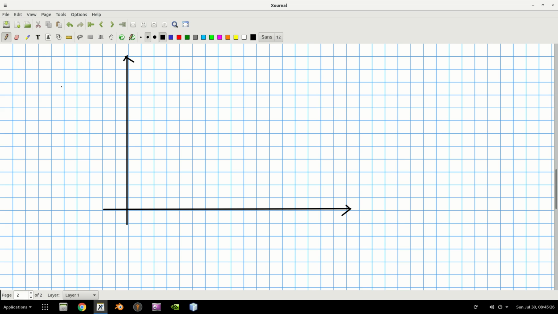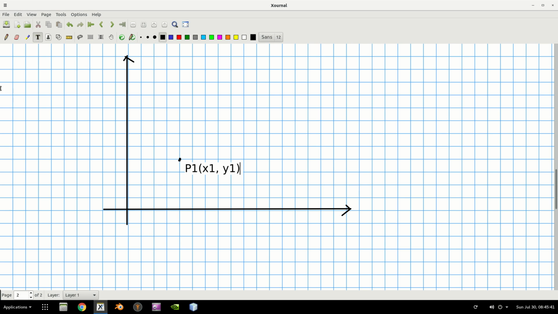Alright, so for any point, let's say we got a point over here, and the coordinate for that point is given as, this is P1, let's say this is given as x1, y1.